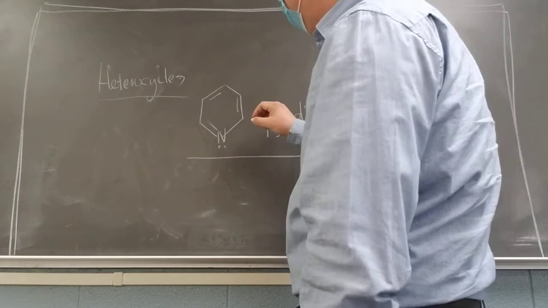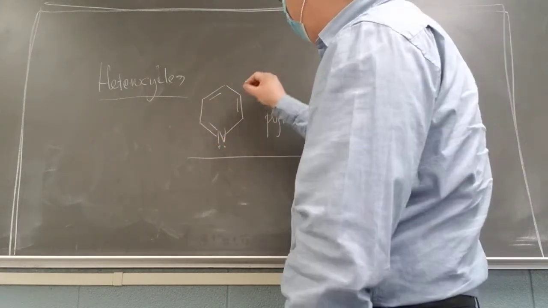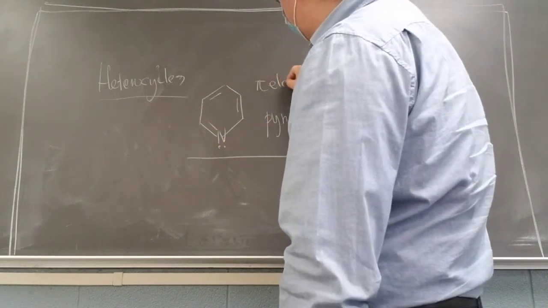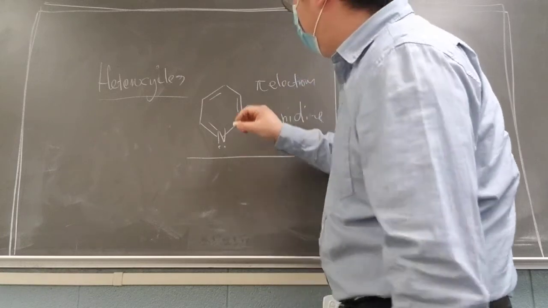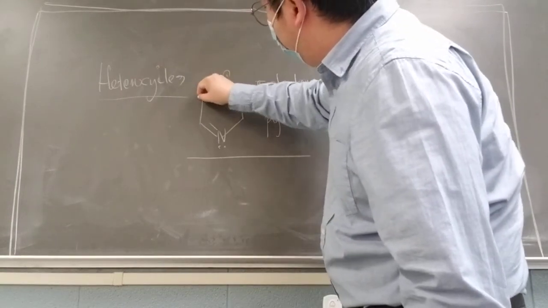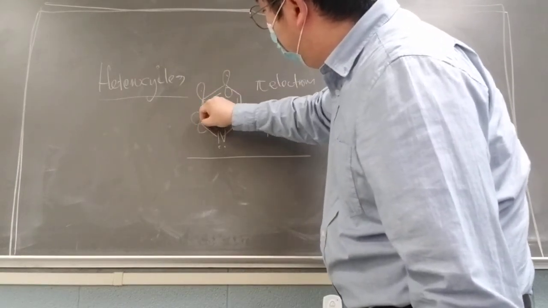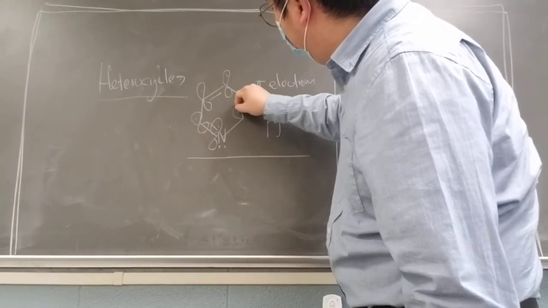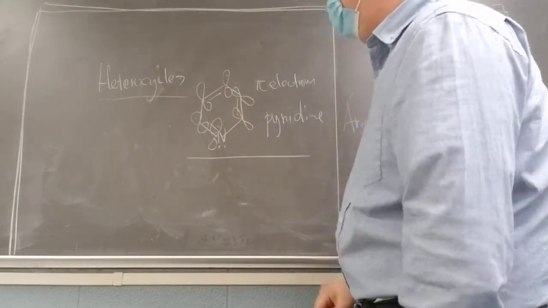The way we're going to count those pi electrons will be over here: 1, 2, 3, 4, 5, and 6.